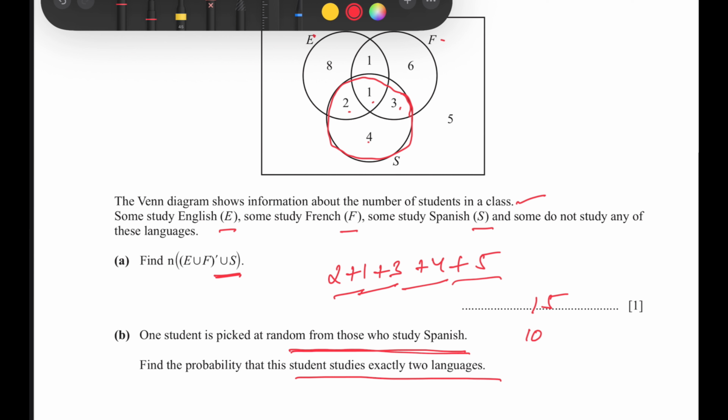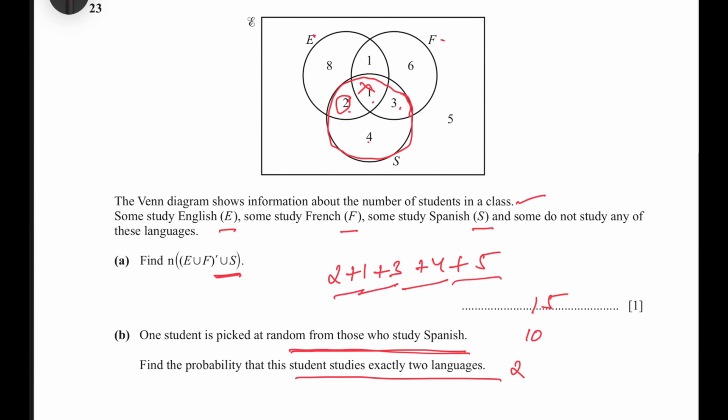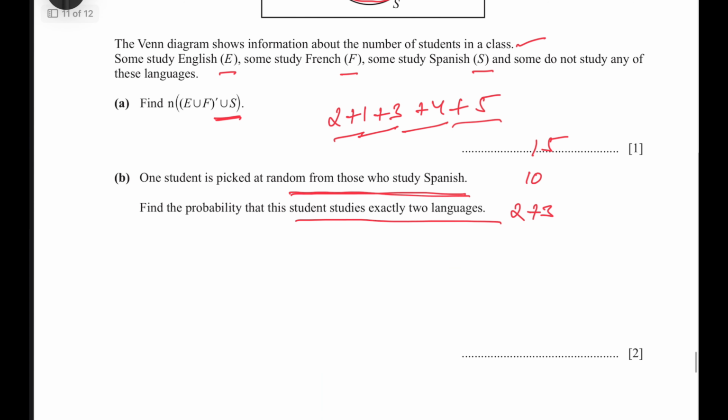Those who study 2 languages are this 2. The 1 is not included because that person is studying all 3 languages. Then this 3 are the ones studying French and Spanish, and 2 are the ones studying English and Spanish, plus 3. So the probability is 5 by 10, which is 1 by 2.